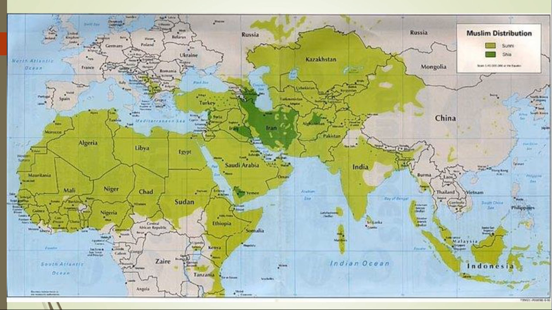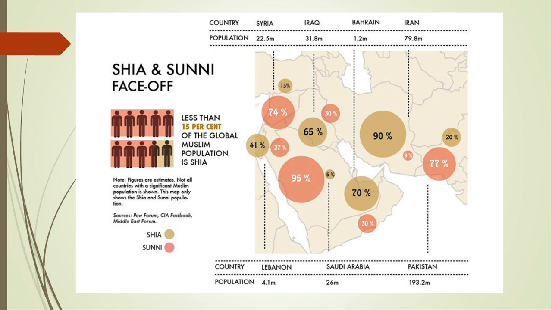We have this distribution in another picture to look at. You can see the dark green is the Shia as compared to the rest of the world. Less than 50% of the Muslim population is Shia.